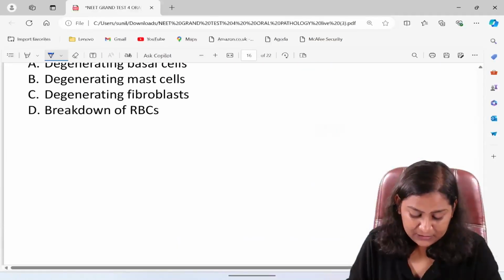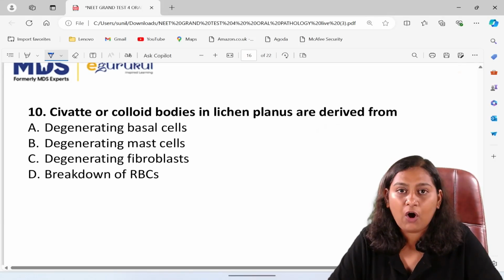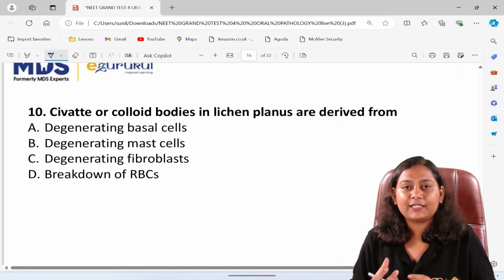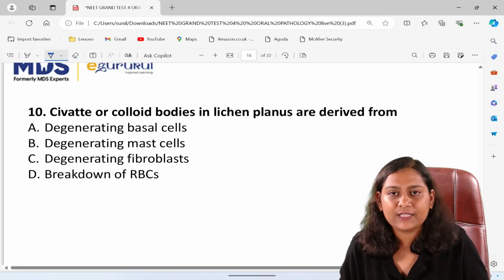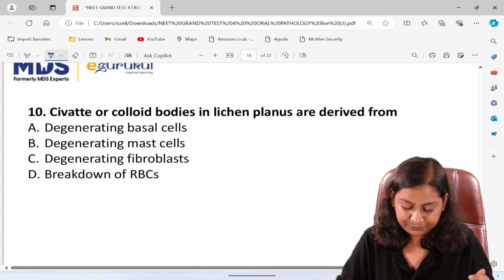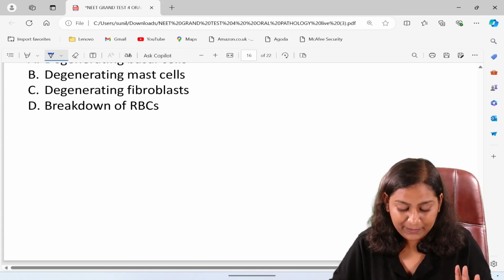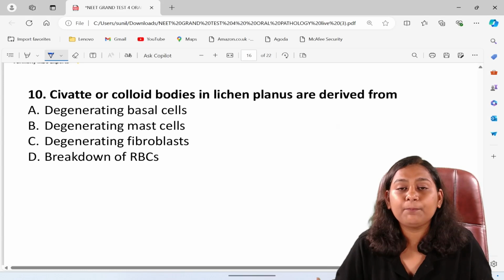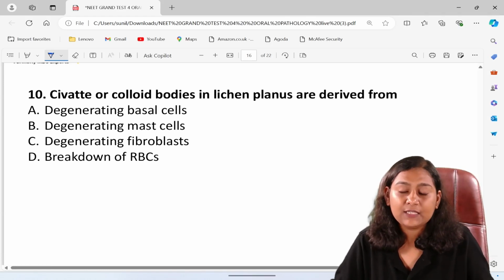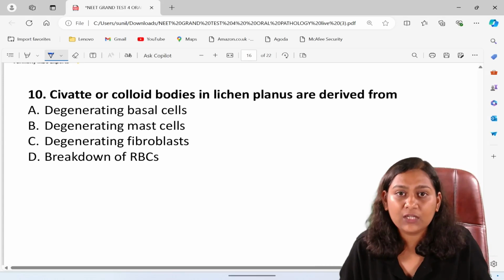Okay, so lichen planus, quickly tell me. Which type of lichen planus has the highest tendency to convert into malignancy? It is the erosive and the atrophic type of lichen planus. And why is it important for the dentist to know? Because most of the time oral lesions appear prior to the skin lesion.